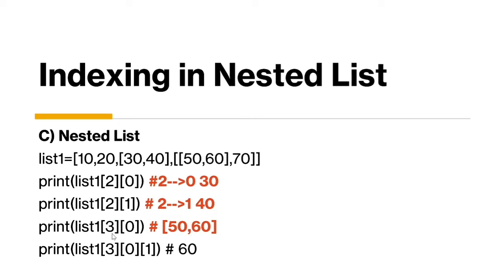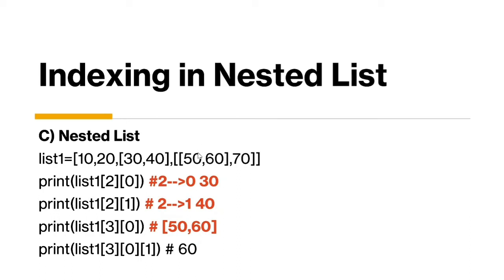Similarly, if I will be taking 3 in my first bracket, that will correspond to the 0, 1, 2, the element at the third index of my list, that is this complete nested list. And if I talk about 0, that should represent the first element, that is 50 and 60.